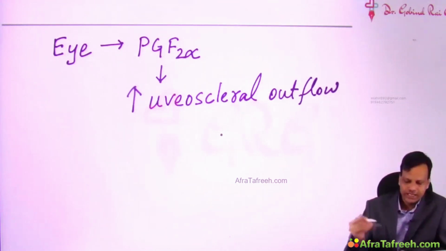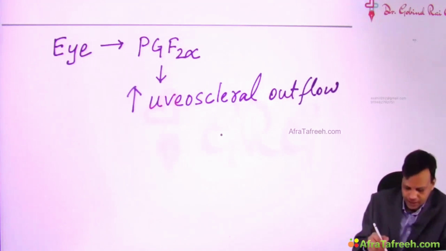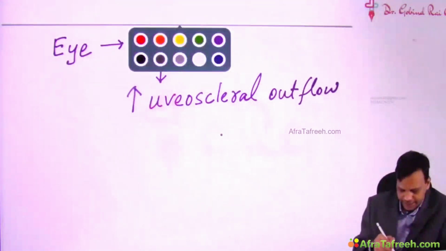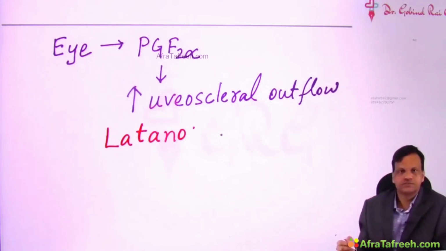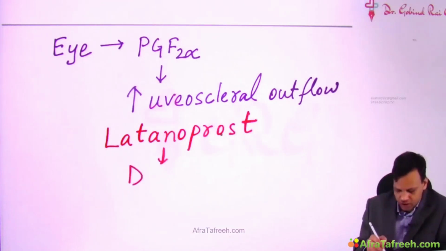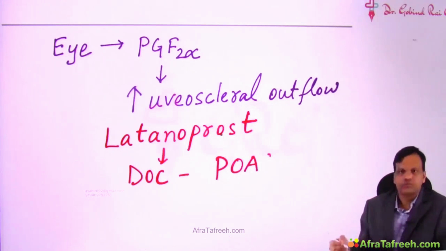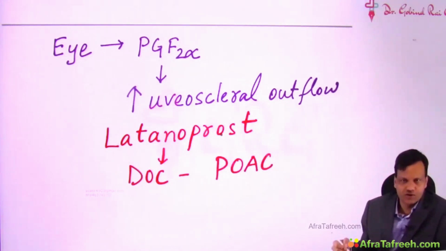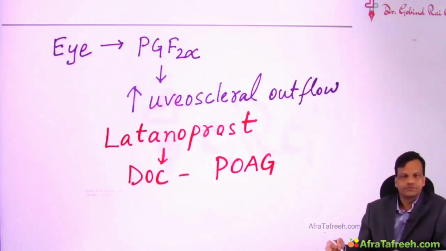So we can utilize PGF2 alpha in treatment of glaucoma, and the drug which is used is latanoprost. In fact, latanoprost is the drug of choice for primary open angle glaucoma now.